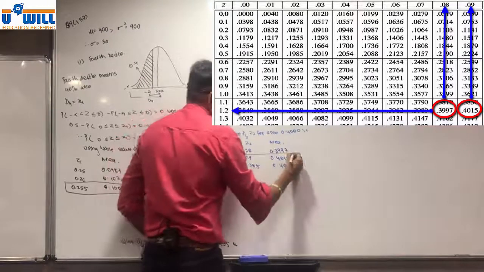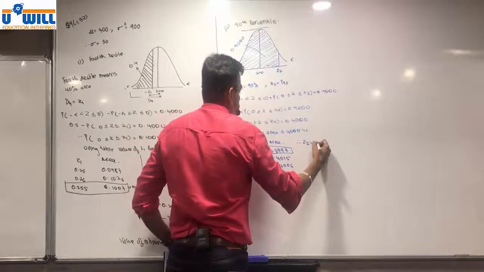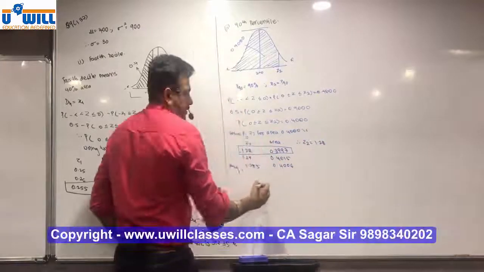Which one is the nearest? 1.28. Therefore, Z2 is equal to 1.28.